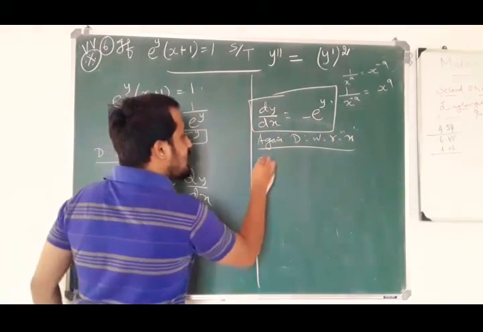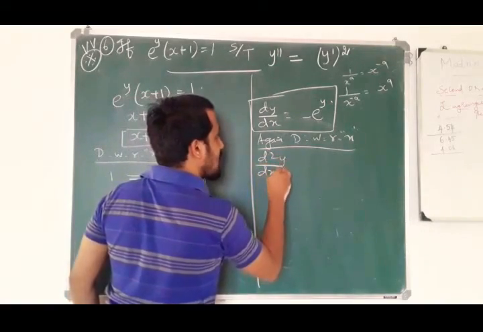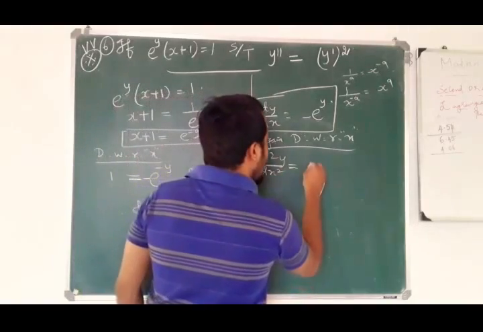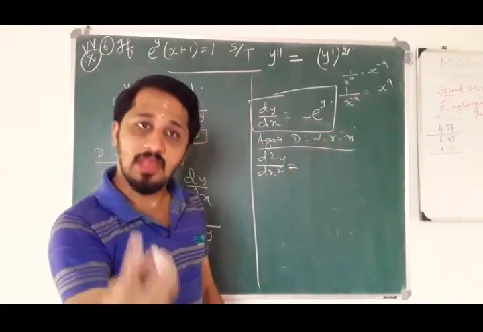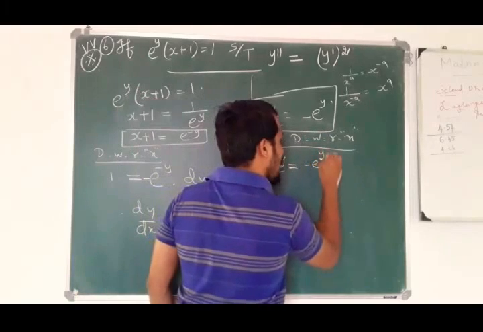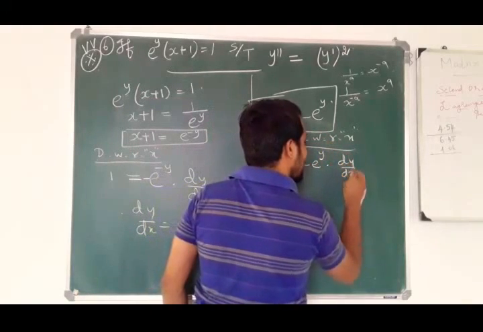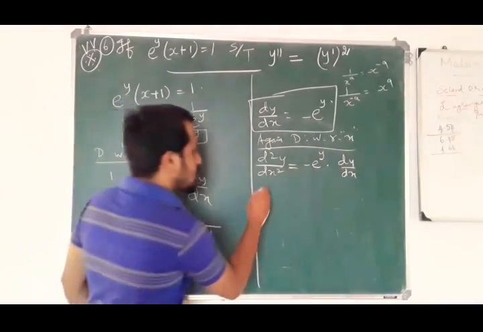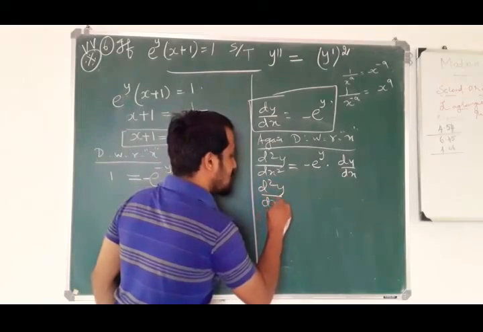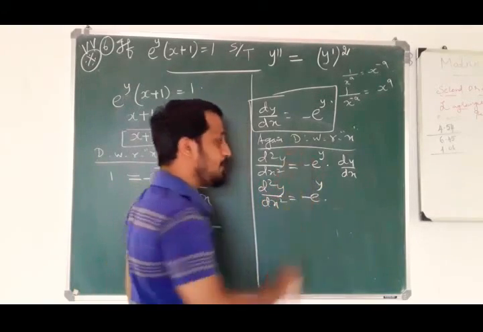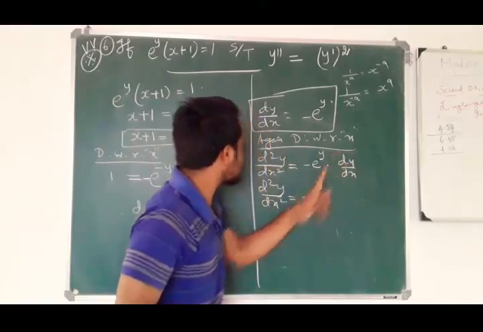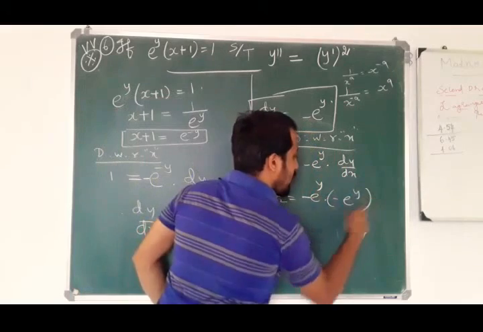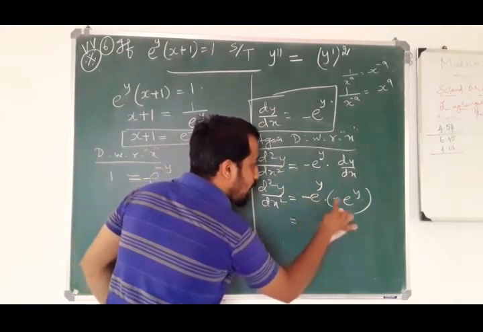What will you get? d²y/dx² is equal to, the derivative of e^y being e^y, so -e^y into dy/dx. So d²y/dx² = -e^y into dy/dx, and what is the dy/dx value? Already we have -e^y. So that is -e^y times -e^y.